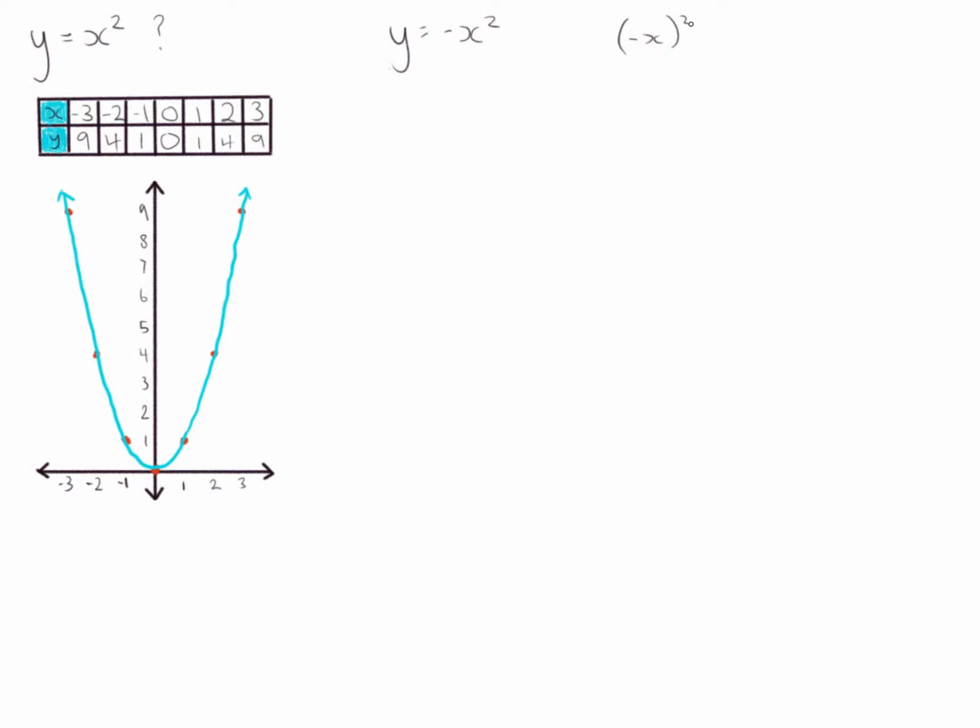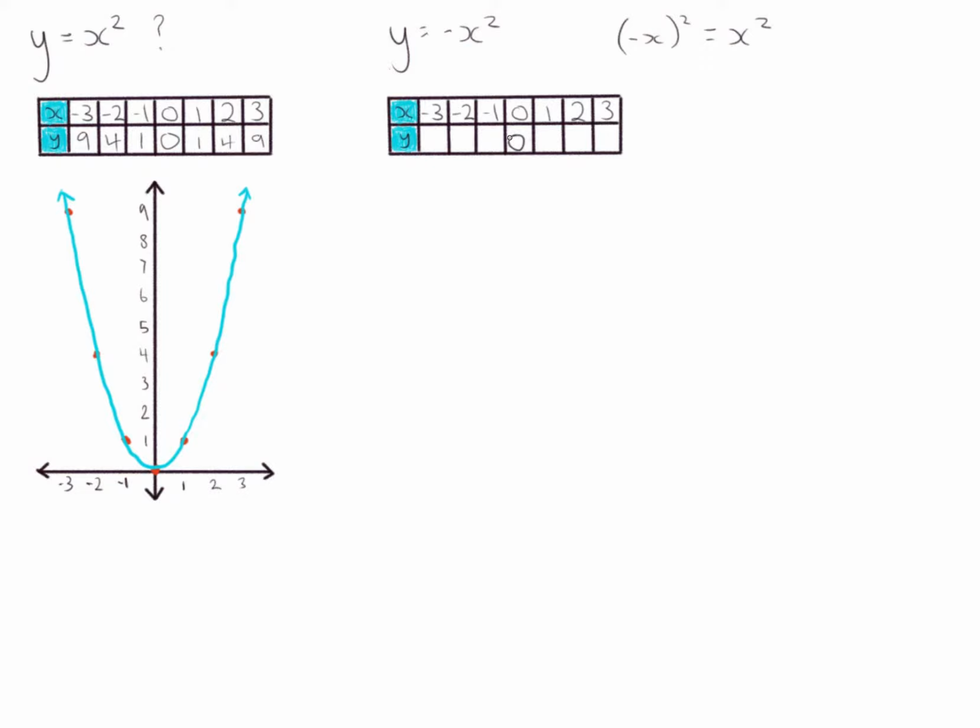Like we talked about before, a negative number multiplied by itself is just the same as the positive version. Okay, but here we have the negative outside of the x squared. It's just the x that is squared. Alright, once again, let's have a look at a table of values and then we'll plot the points. Starting with 0 again. 0 squared is 0 and negative 0 is still just 0.